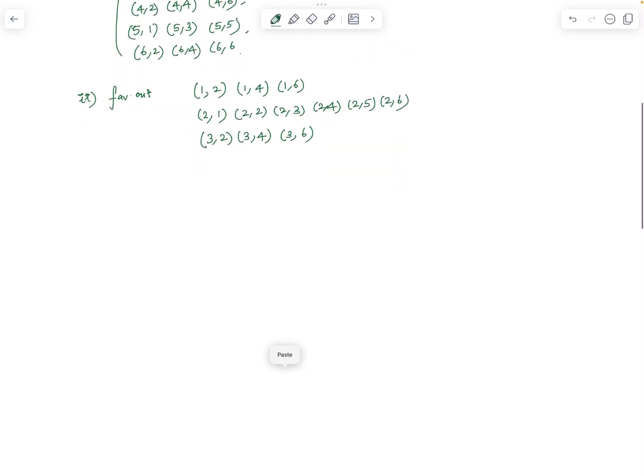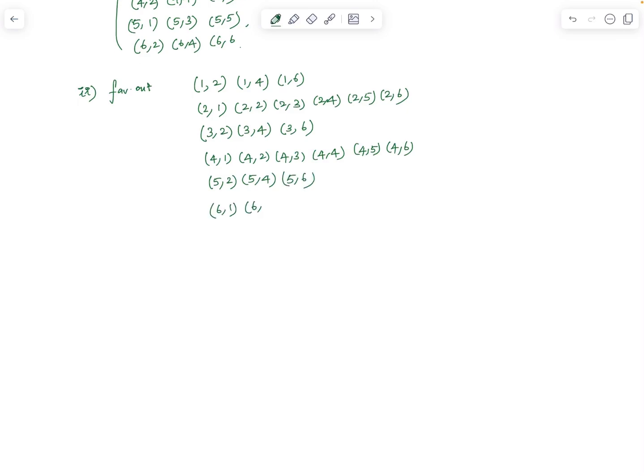Next one is with 4: 4 comma 1, 4 comma 2, 4 comma 3, 4 comma 4, 4 comma 5, 4 comma 6, 5 comma 2, 5 comma 4, 5 comma 6, 6 comma 1, 6 comma 2, 6 comma 3, 6 comma 4, 6 comma 5, 6 comma 6.